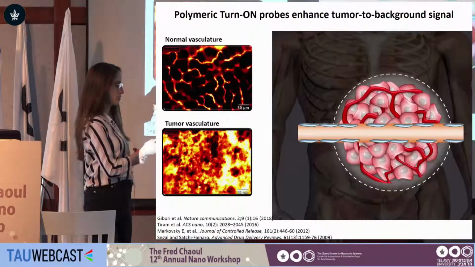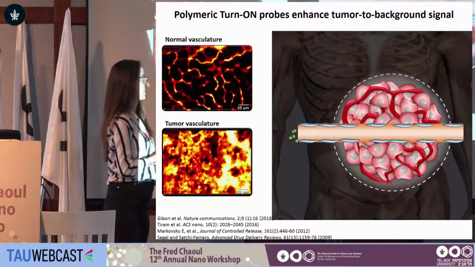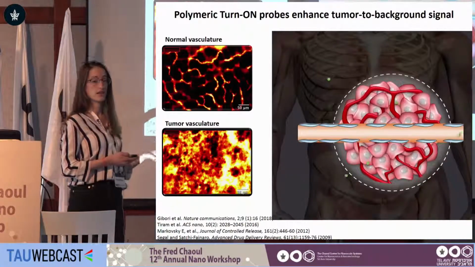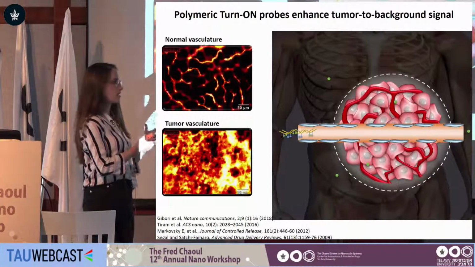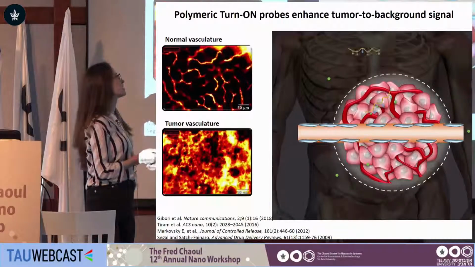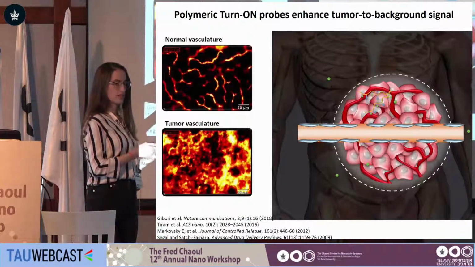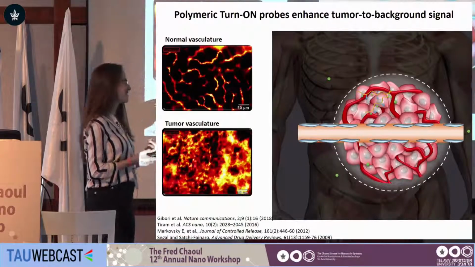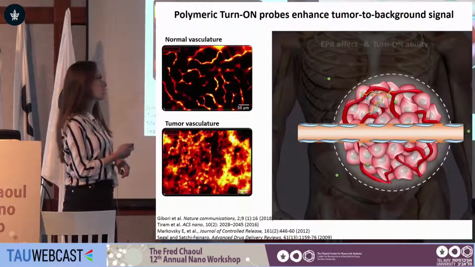that will delineate the tumor boundaries in real time. But as opposed to low molecular weight agents that can be distributed to the tumor and also to the healthy tissue, when introducing a polymeric backbone that can carry a high payload of imaging agents and can preferentially accumulate in the tumor due to the leaky vasculature and be retained longer due to the impaired lymphatic drainage, we can exploit the EPR effect.